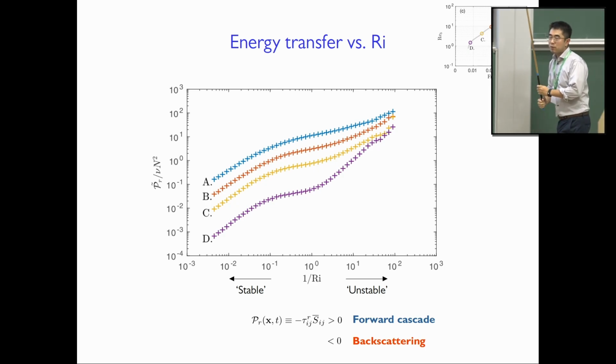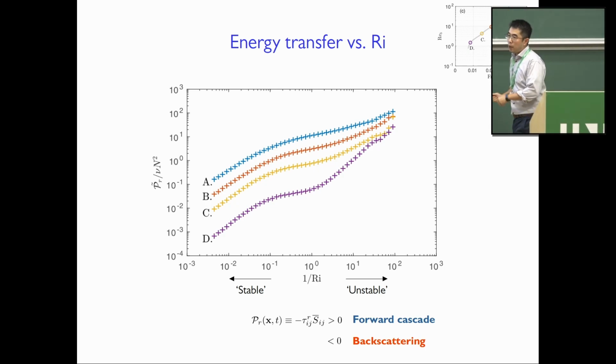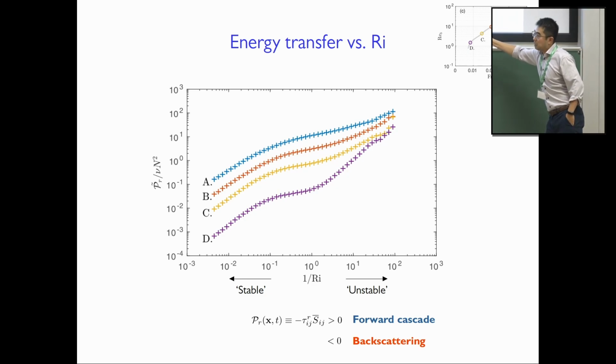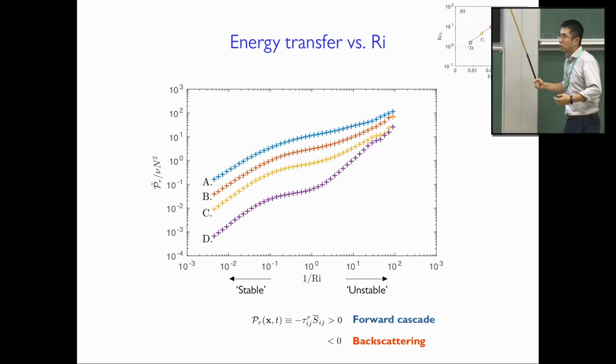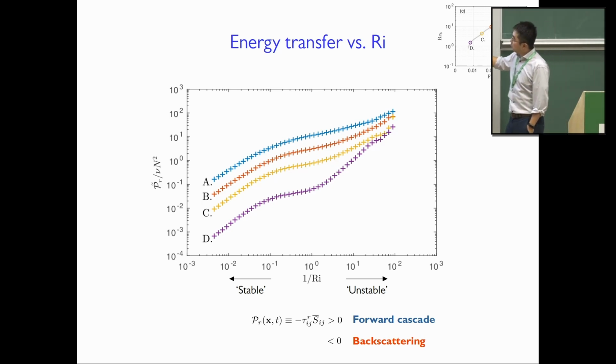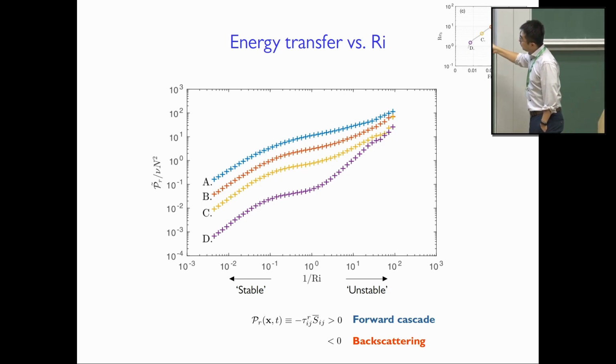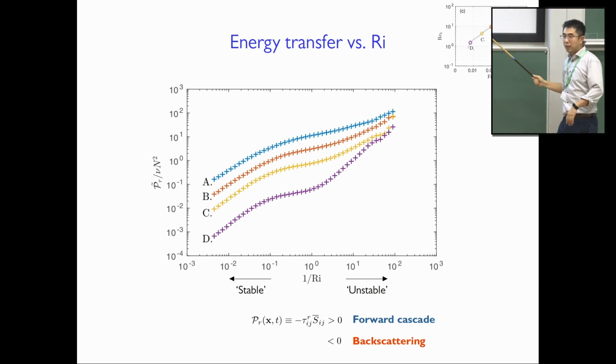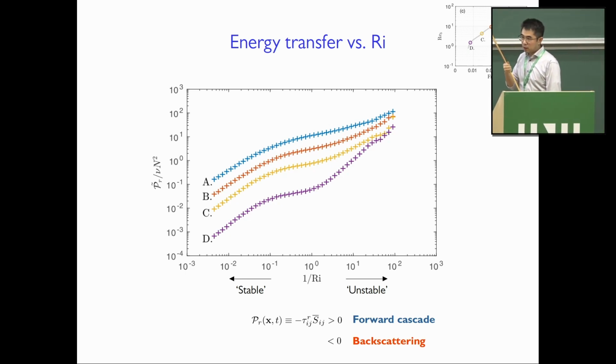But I think the point of this plot really is P_R is always positive, because I'm plotting in a log scale. No matter how stable your Ri is, P_R is getting smaller and smaller, but it never drops below 0. That means overall the flow is still doing the forward cascade.